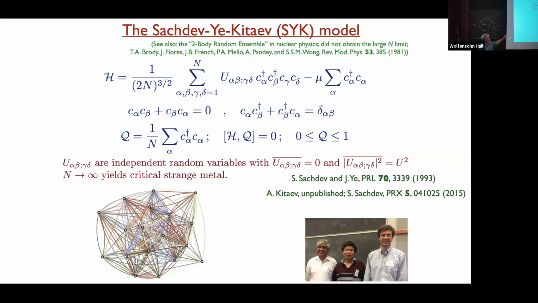But when you do the average, because they're uncorrelated, the indices have to match. So if the indices match, then that has to be alpha. And now you have to sum over the intermediate indices. There are 3 of them, so that gives you a factor of N cubed. And each interaction has a factor of 1 over N to the 3 halves, so overall it's 1. So this graph survives the large N limit.